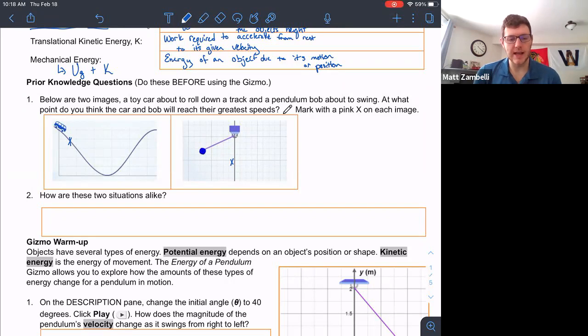But what is alike about these two situations? So what do we think is going to be the same about these two situations here? Anything that we think is going to be the same between those two things?